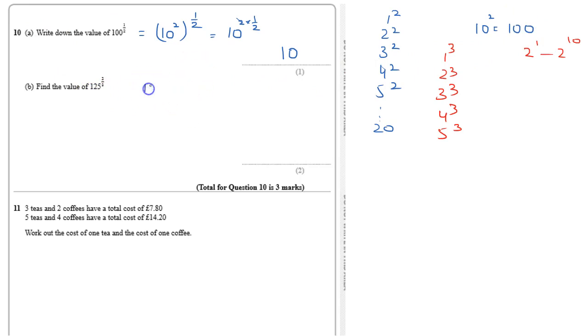Whenever we get a number like 125 to the power 2 over 3, there is always a number whose cube is 125. So if you know all this, you know that 5 cube is 125. So this 125 can be written as 5 cube to the power 2 over 3. So this 3 and 3 can be cancelled, so this is 5 square, and if you know 5 square, very easily you can write it as 25.